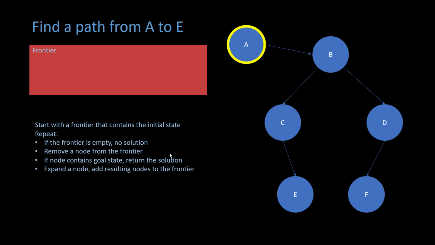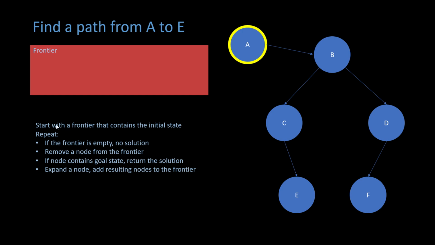So I expand a node and add the resulting nodes to the frontier. Expanding pretty much means following the connections. In this case, the only thing A is connected to is B. So I will go to it.